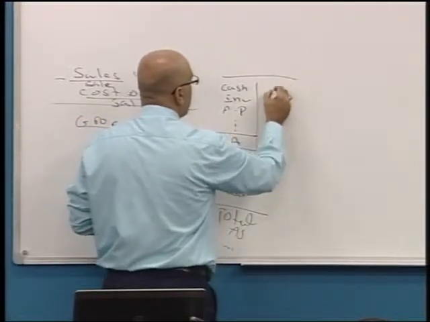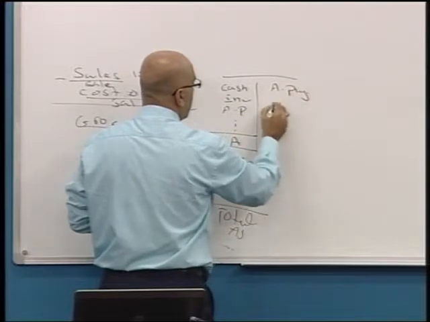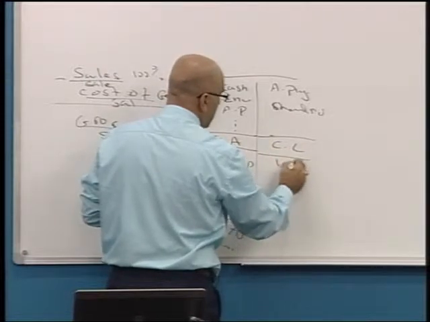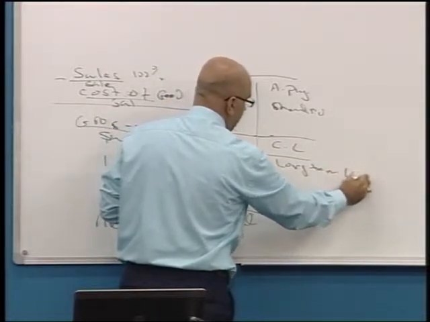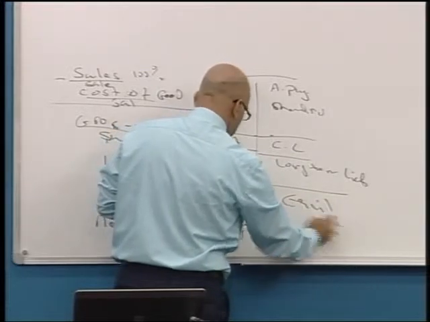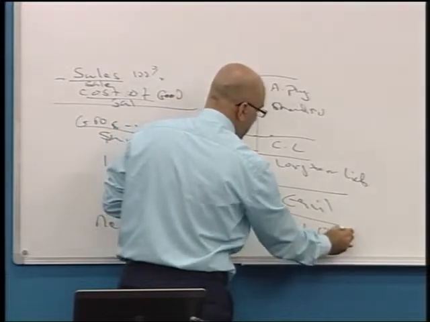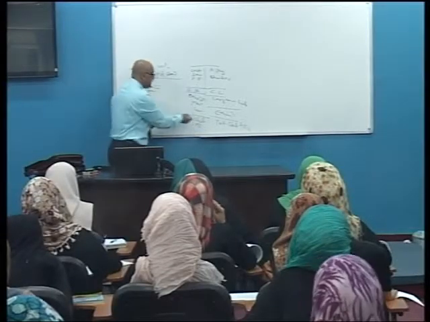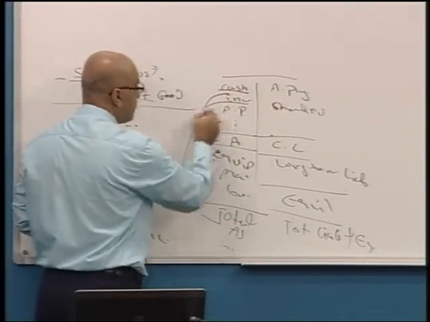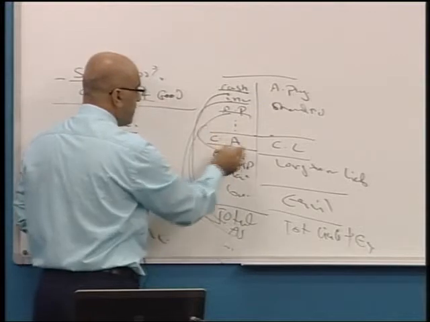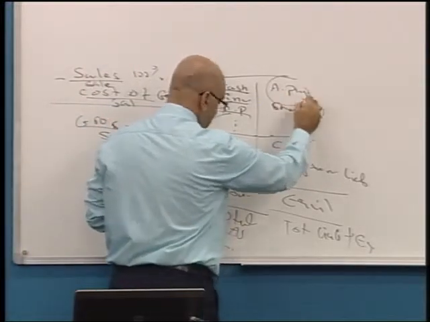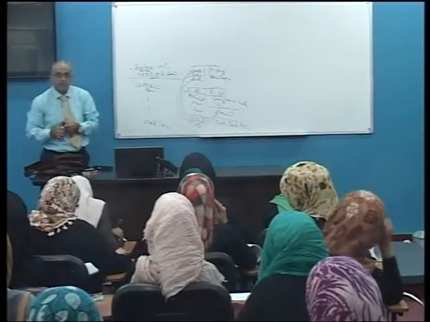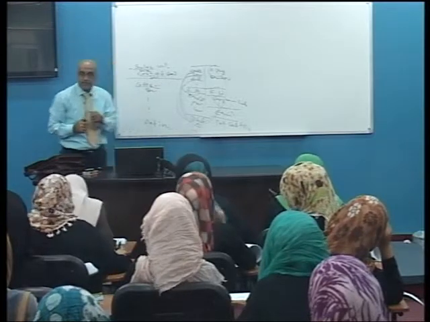Here is the account payable and short-term notes, which are the current liabilities, then long-term liabilities, then equity, and total liabilities and equity. Each item is divided by the total assets. So cash divided by total assets, inventory divided by total assets, account receivable, and all of them. The same for current liabilities: all of these accounts are divided by the total assets.